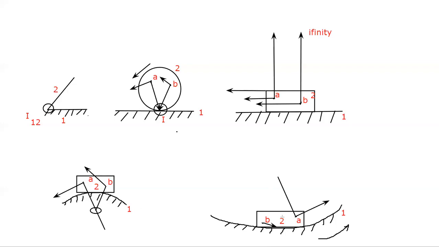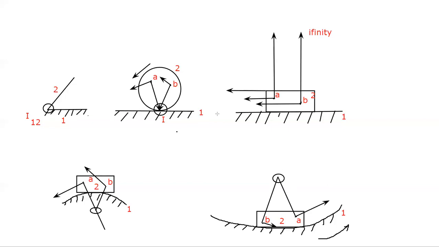If the curve is like this, the velocity of the B point will be in this direction. Then you have to draw a perpendicular, 90 degrees to it. The point where the perpendiculars meet is nothing but my instantaneous center.